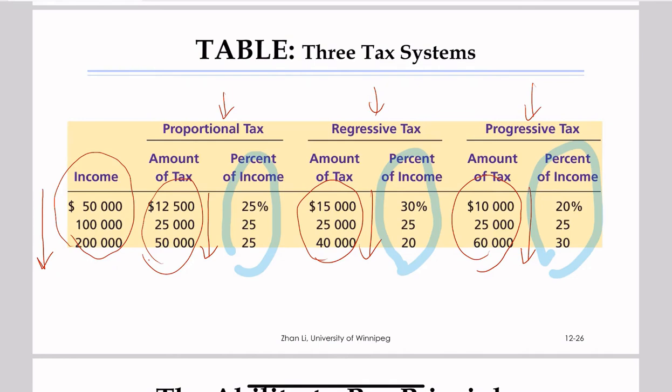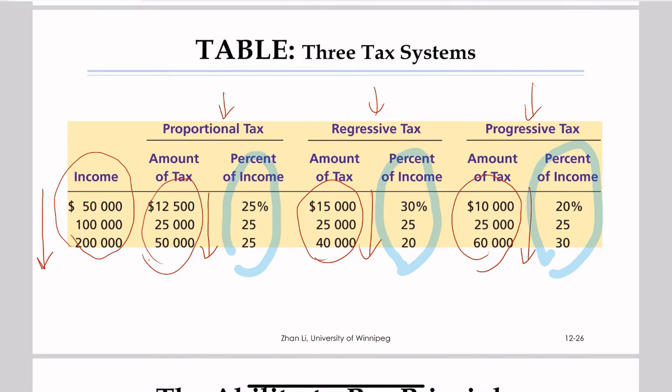But if you earn $200,000, you pay 20%. So here you can see that as your income increases, the percent of income decreases. That is, the average tax rate decreases as your income increases, right? And then the third case basically shows you that your average tax rate increases as your income level increases.